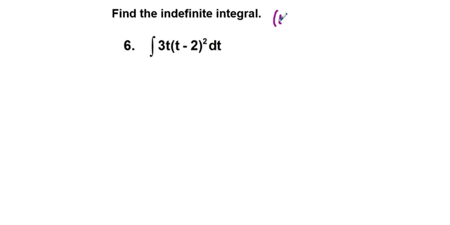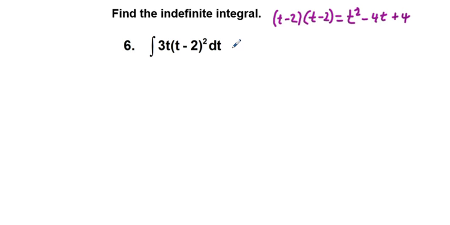So we're going to have t minus 2 times quantity t minus 2, which is going to be equal to t squared, minus 2t minus 2t, so we're going to have minus 4t, and then negative 2 times negative 2 is 4.